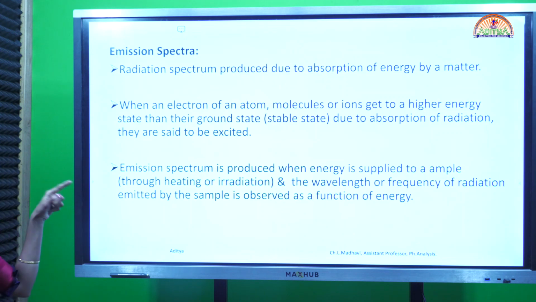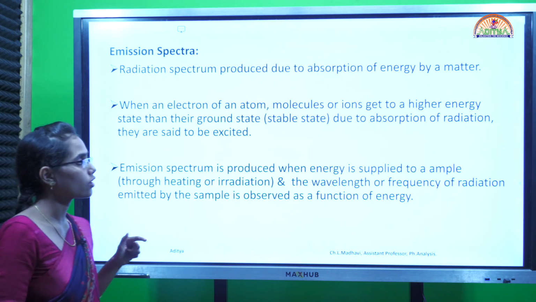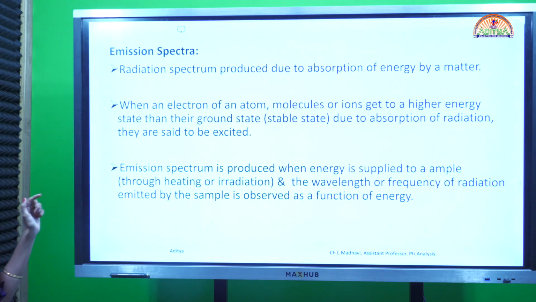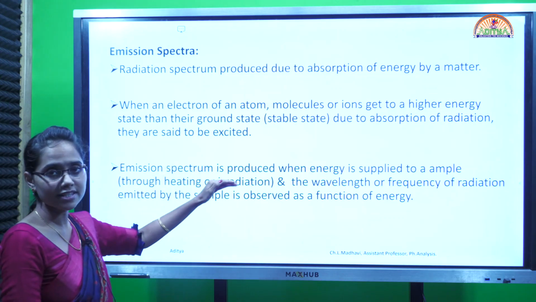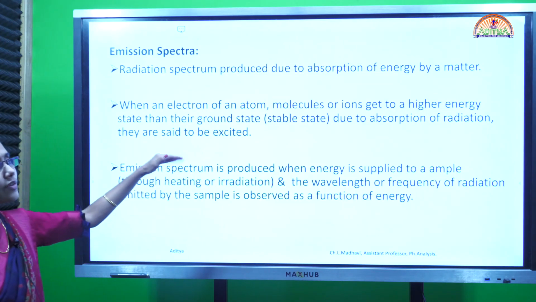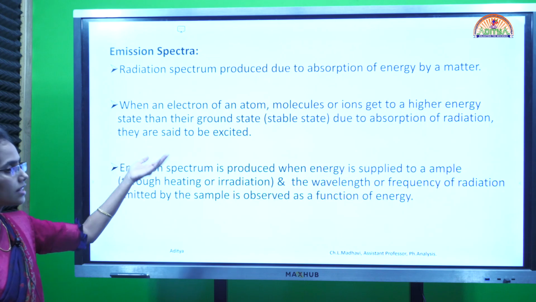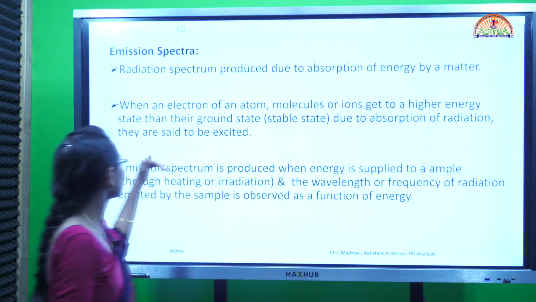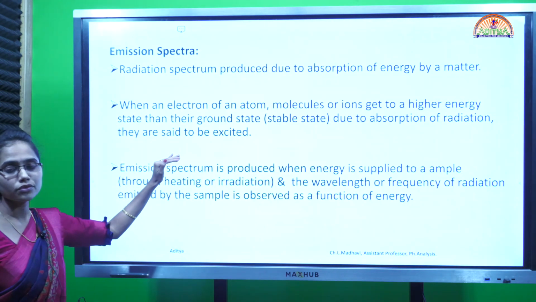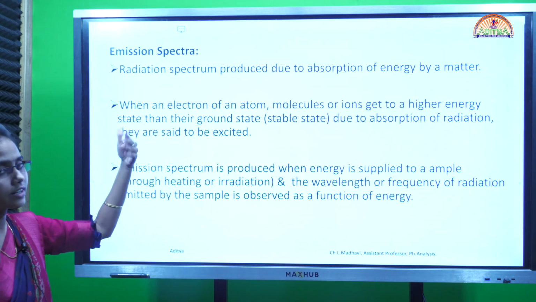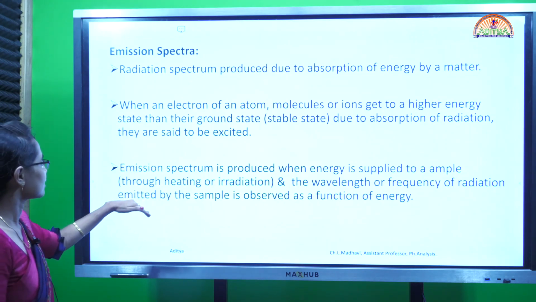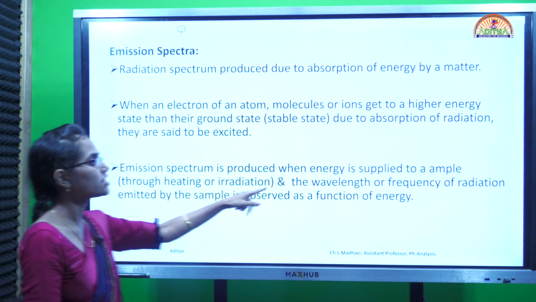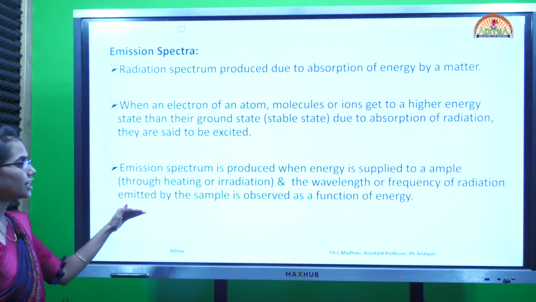When an electron of an atom, molecule or ion gets to a higher energy state than the ground state, which is a stable state, whereas higher energy states are unstable, due to the absorption of radiation they are said to be excited. So when they move from the ground state to a higher energy state, they are said to be excited. The emission spectrum is produced when energy is supplied to a sample through heating or radiation.